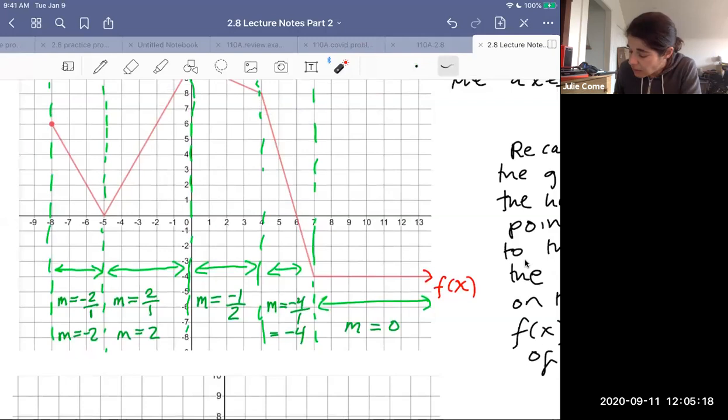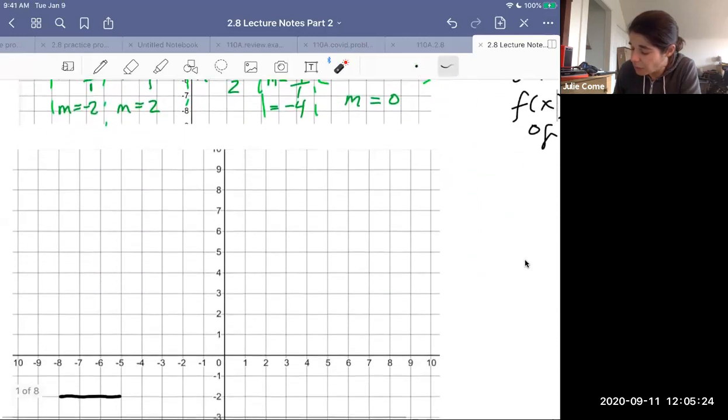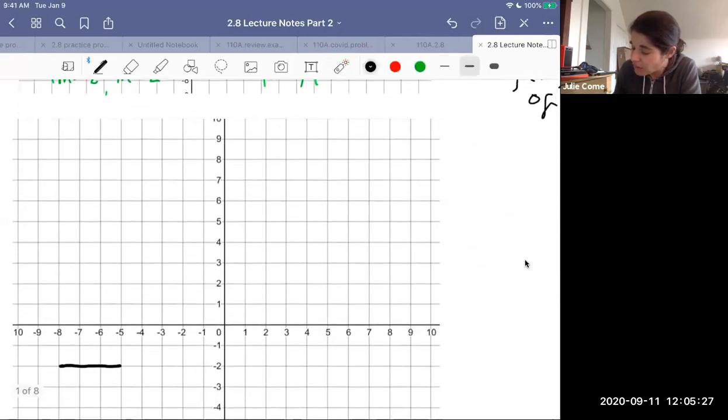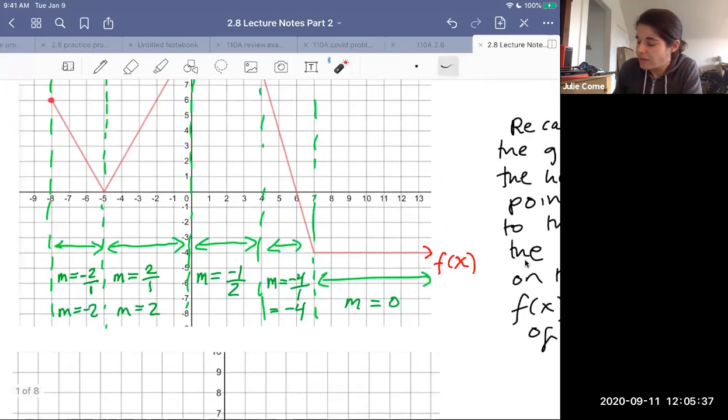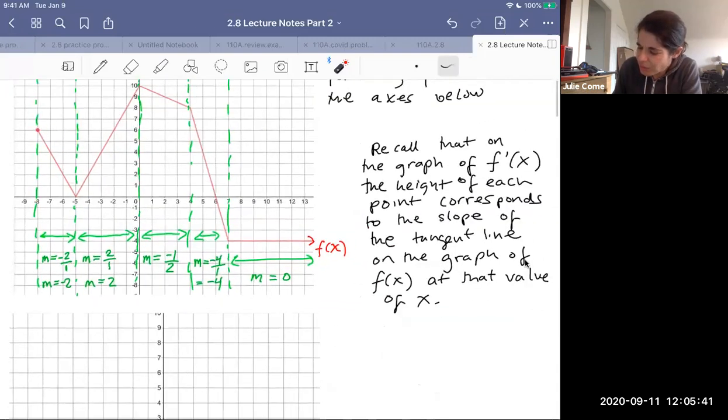And in the next interval, from -5 to 0, well, there my slope was +2. So on the interval of x values from -5 all the way to 0, we had a constant slope of +2. Now you might be wondering, what about our endpoints and our corner points? Well, let's address those. This point right here is certainly in the domain of our original function.